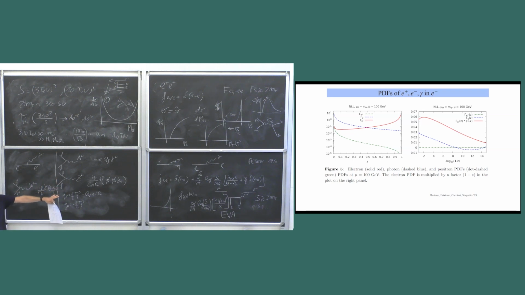This EVA, so effective vector boson approximation, is for QED. For QED, you have these Feynman rules.